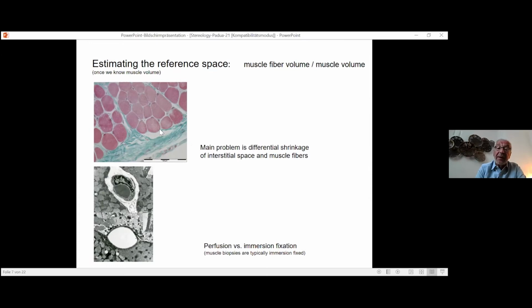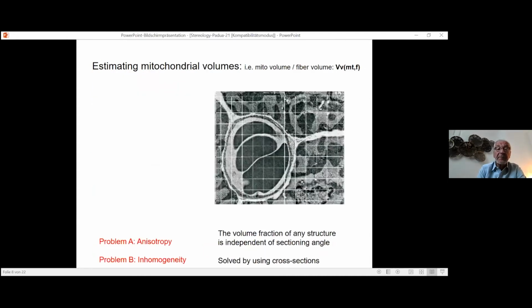Again, I think in many cases, you will have to refer to the muscle fiber volume and estimate how much of your total muscle volume is actually muscle fiber, which can be very different if you're dealing with diseased muscle in particular.